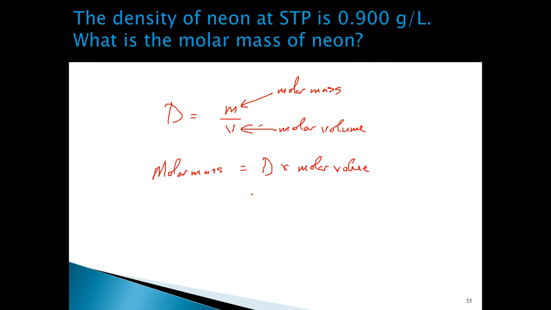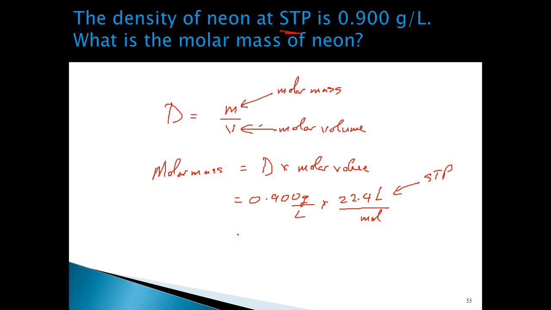So the density is 0.900 grams per liter, and the molar volume is 22.4 liters per mole. And this is because the gas is under STP conditions, as the question says up here.